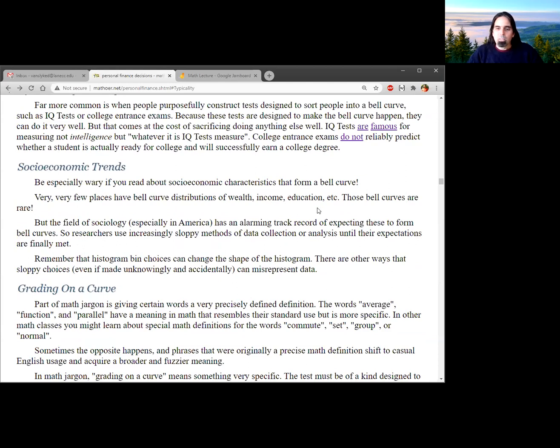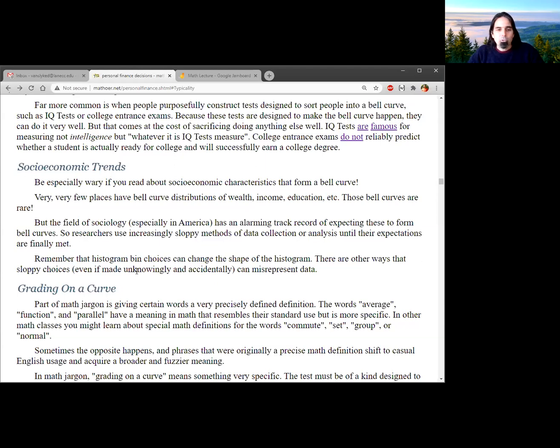But people like bell curves. So researchers will use increasingly sloppy methods of data collection or analysis until they finally get something that looks like a bell curve, because then they think they're doing it right. They had this preconceived idea that something I measure should form a bell curve, even if it really doesn't.